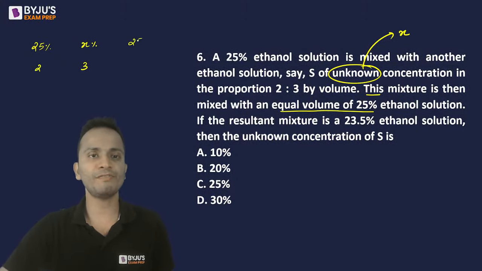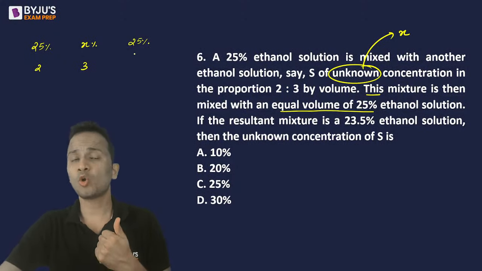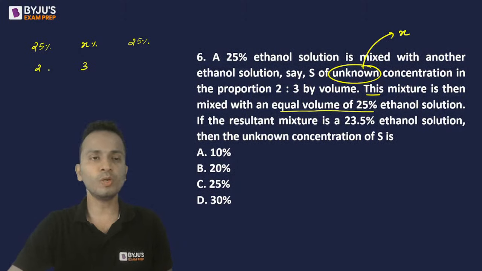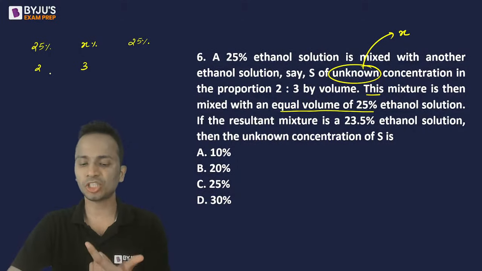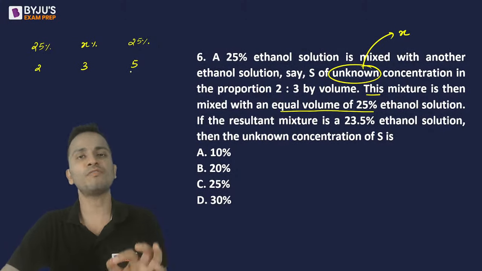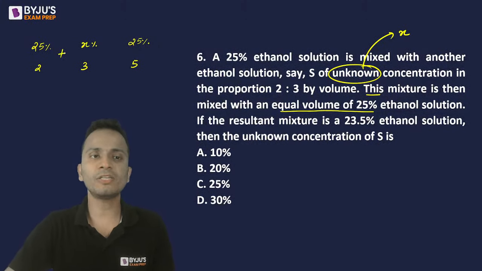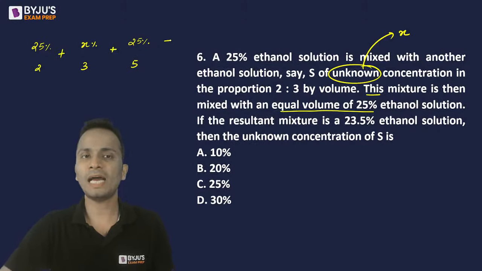So another 25% ethanol solution is added, whose quantity was equal to the quantity of the mixture obtained, which was 5 liters. So we have added 25 percent of 5 liters of ethanol solution. Now these three are mixed together and the resulting solution is 23.5 percent ethanol solution.